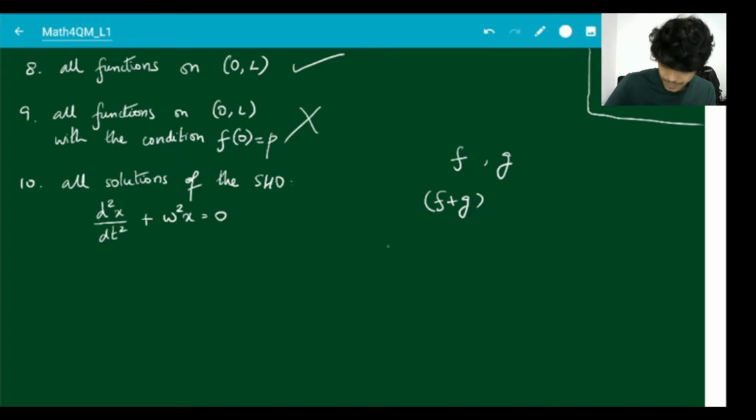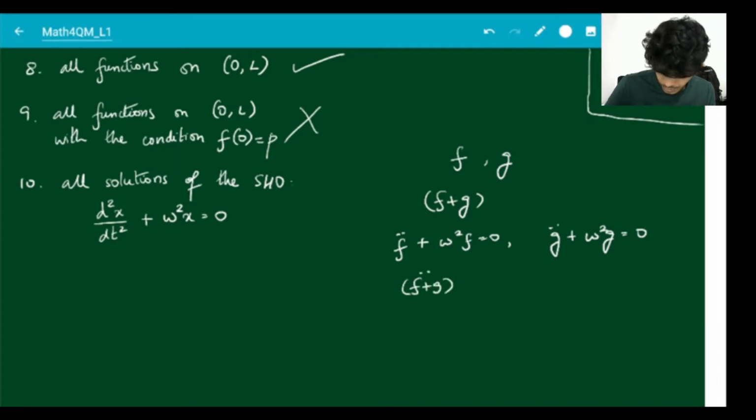You can verify that. I'm going to use the dot notation because it's easier. If f double dot plus omega square f is 0 and g double dot plus omega square g is 0, then if you add them up, f plus g whole double dot plus omega square times f plus g is also 0.